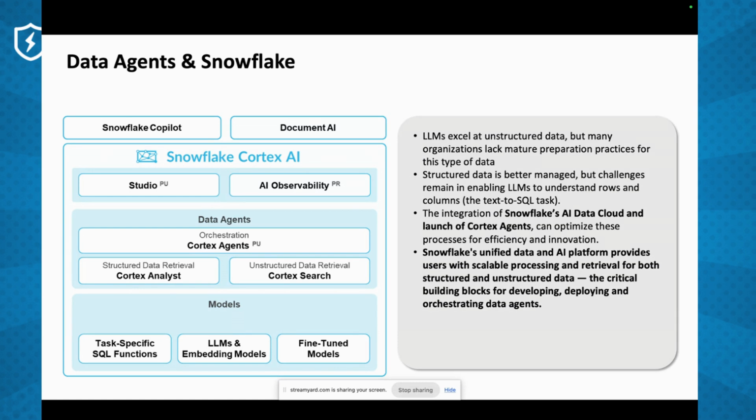If you remember in the data agent slide, we talk about input, output, and then there was a structured and unstructured layer below. And then what Snowflake gives you is Cortex agents. With the launch of Cortex agents, and under the hood of Cortex agents, we are talking about Cortex Analyst and Cortex Search. That is the Snowflake play for data agents.